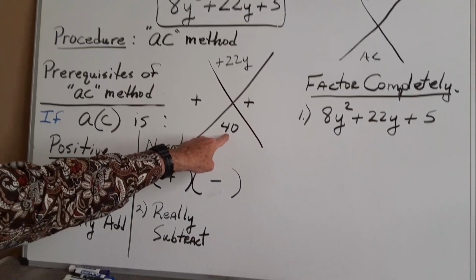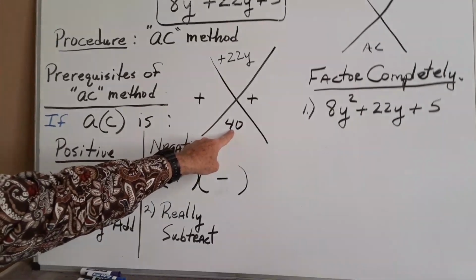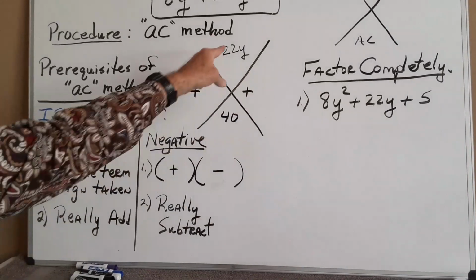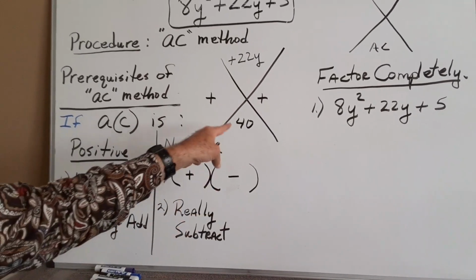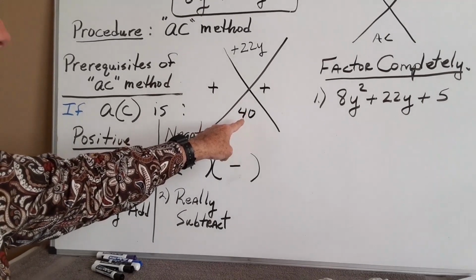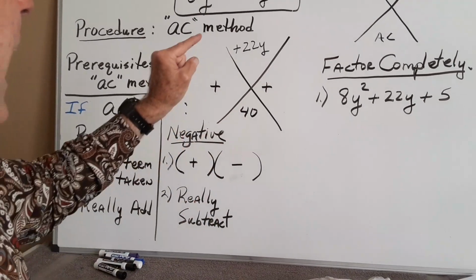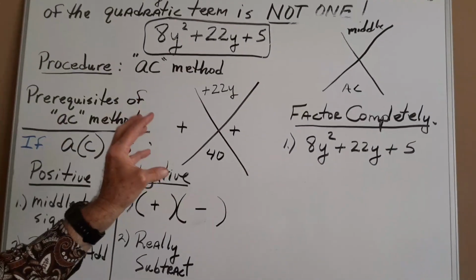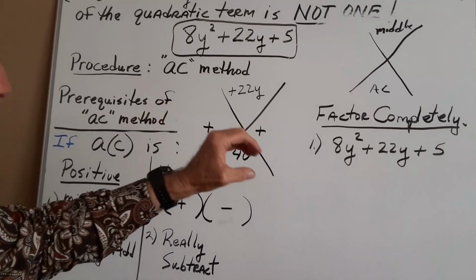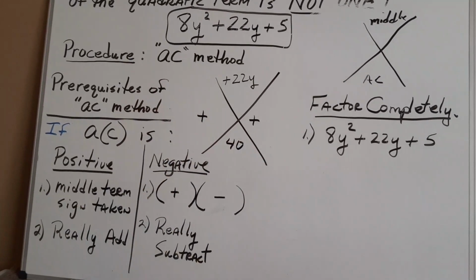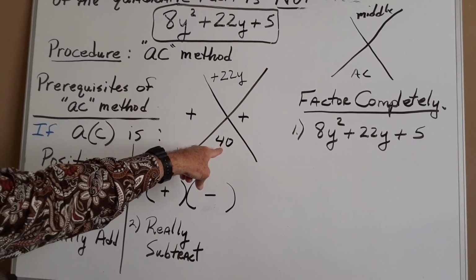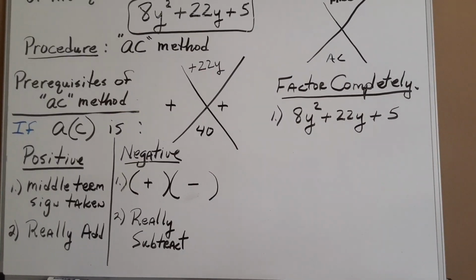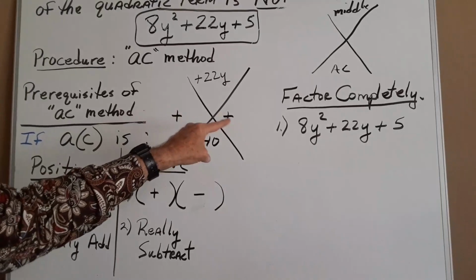We need 2 factors of the AC number, which when really added together, give us the coefficient of the middle. And we should see that 2 times 20 is 40. And 2 added to 20 is 22. 2 and 20 would be our 2 numbers that we're going to use. It can't be 8 and 5. 8 times 5 is 40, but 8 added to 5 is not 22. But 2 and 20 work.